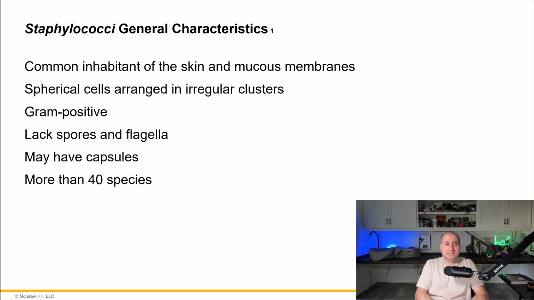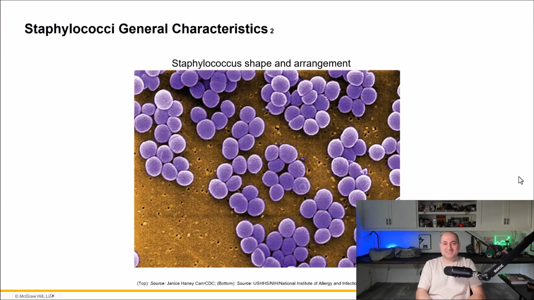They lack endospores and they lack flagella, so they are atrichous. They may or may not have capsules, and there are about 40 species within the genus Staphylococcus. And this is what Staphylococcus would look like under the microscope. Notice again, grape-like clusters of spherical cells.